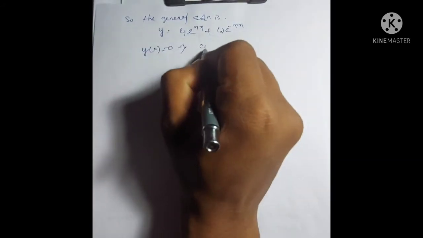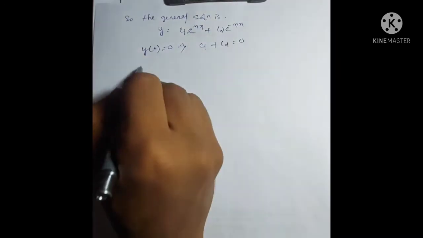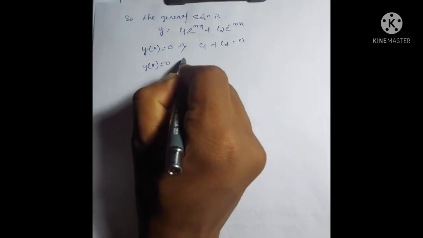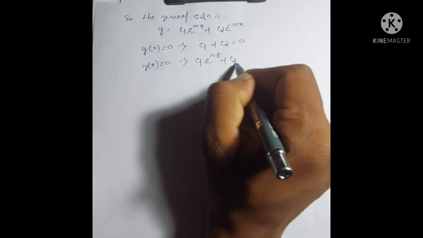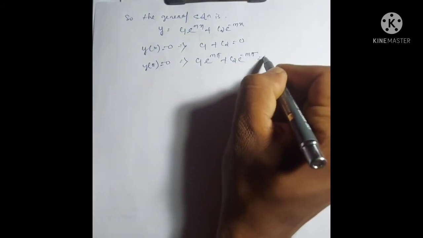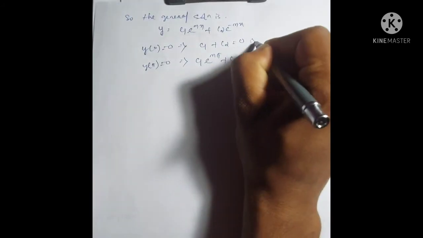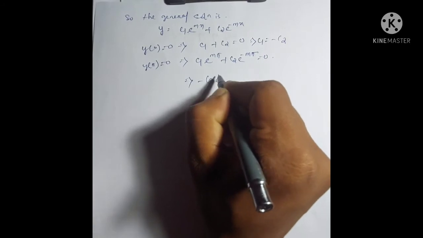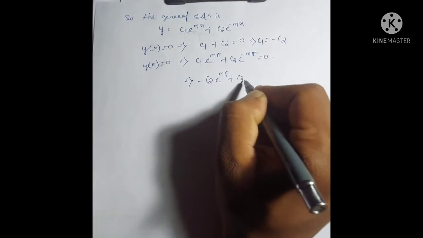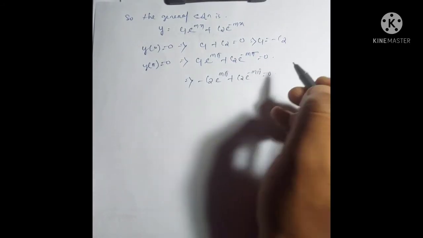Now we use the boundary condition y of 0 is equal to 0. This implies that c1 plus c2 is equal to 0, and y of pi is equal to 0. This implies that c1 e to the power m pi plus c2 e to the power minus m pi is equal to 0. Now c1 is equal to minus c2, so minus c2 e to the power m pi plus c2 e to the power minus m pi is equal to 0.